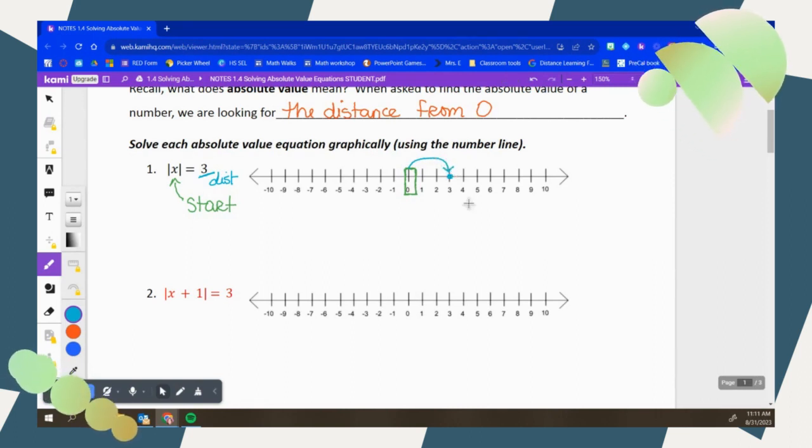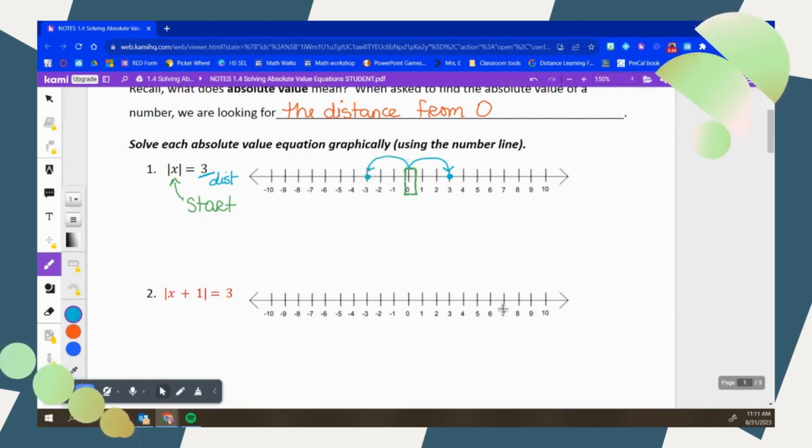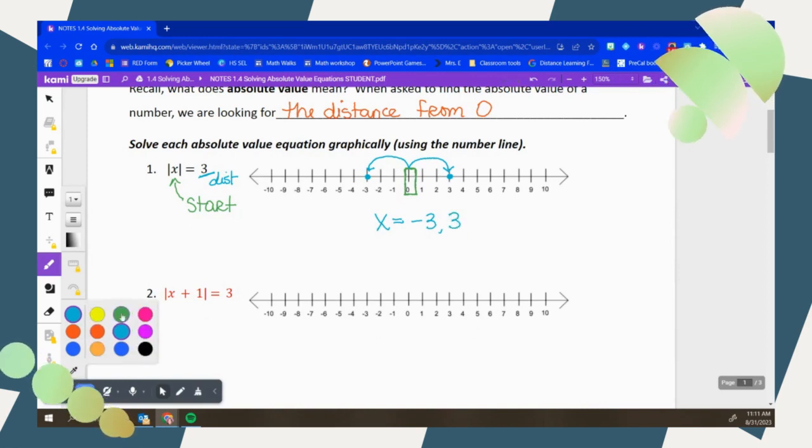There's my solution. But is that the only direction I can go a distance of 3? I could also go 1, 2, 3 and have a 3 back here as well. So now I have two solutions: X equals -3 and +3.